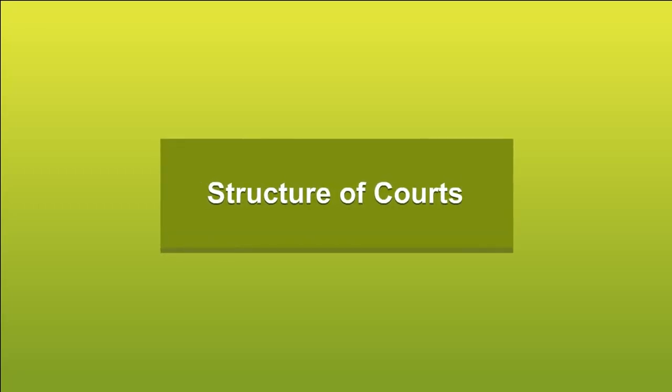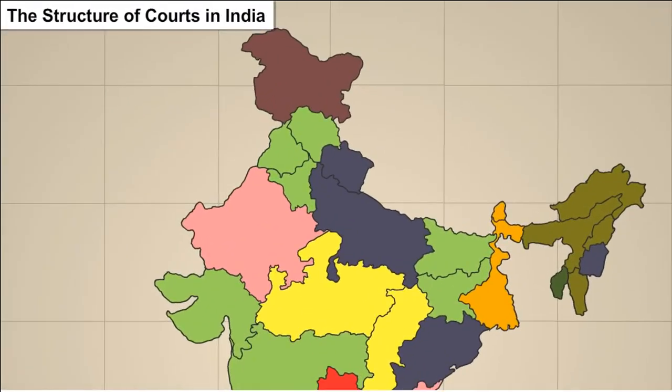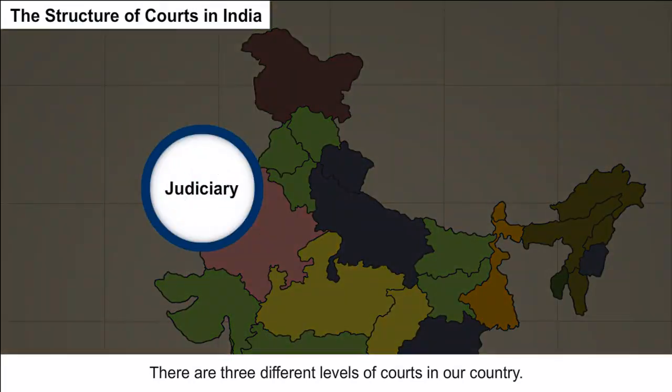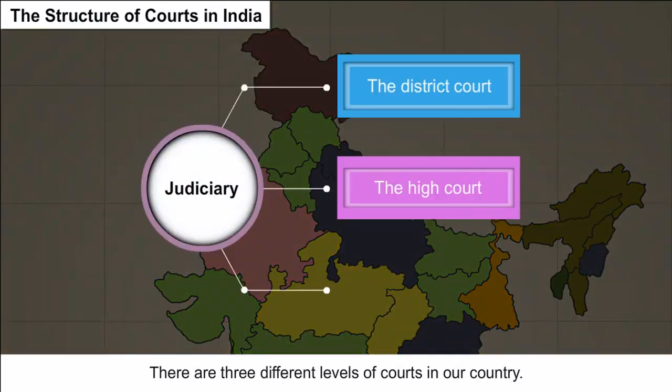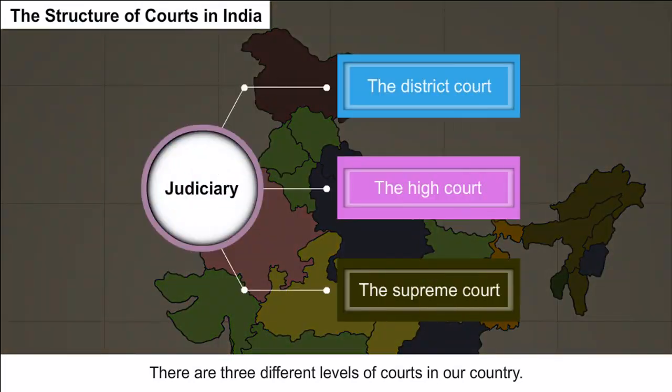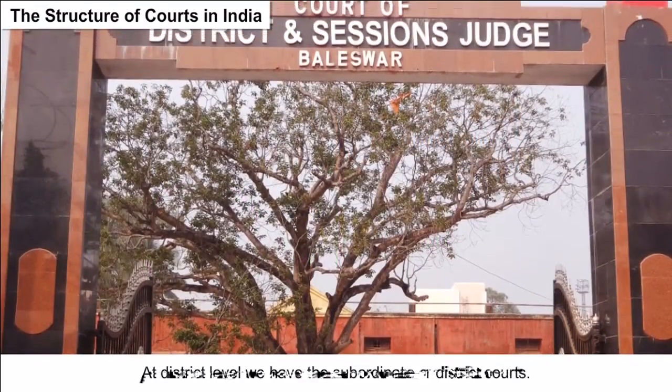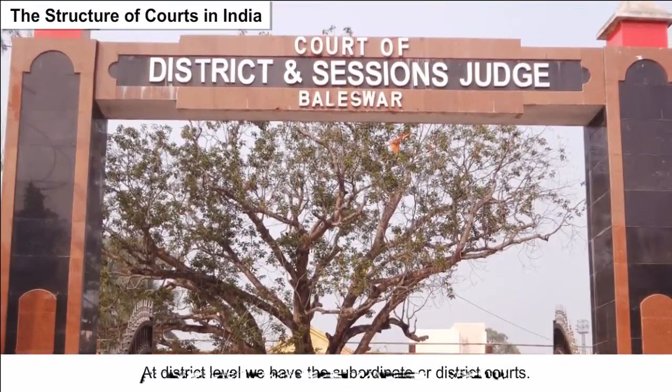Structure of courts. The structure of courts in India. There are 3 different levels of courts in our country: the District Court, the High Court, and the Supreme Court. At district level, we have the subordinate or district courts.